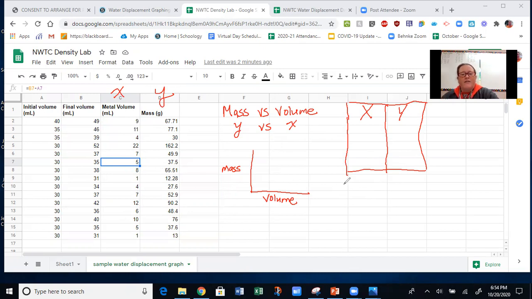Now, if we have a series of data like this, and we produce a scatter plot, and then put the best fit line in, I'm trying to give you a vision of where we're going with this. The slope of this line is equivalent to an experimental density.